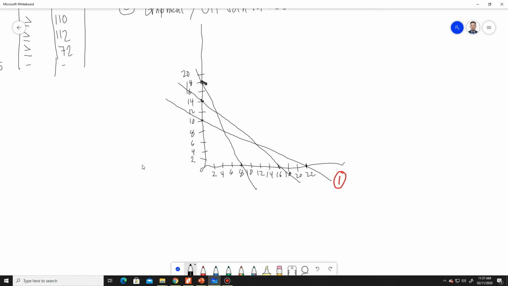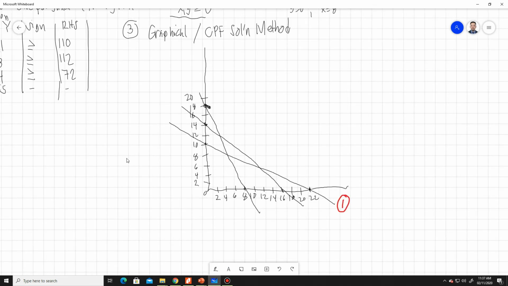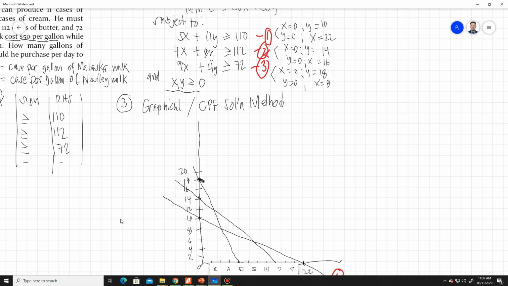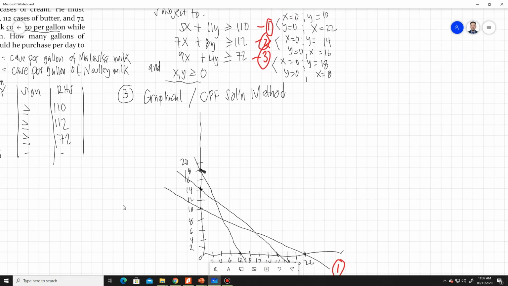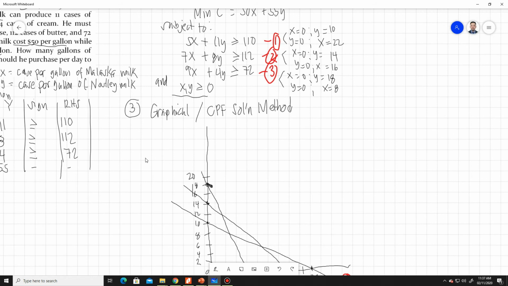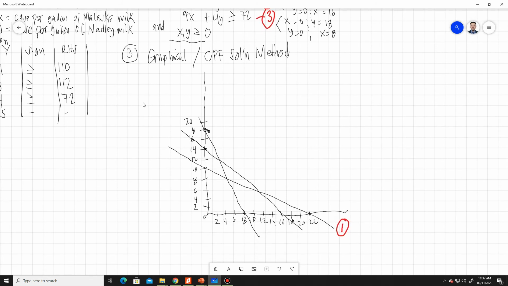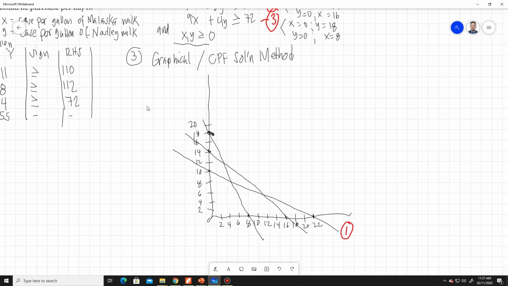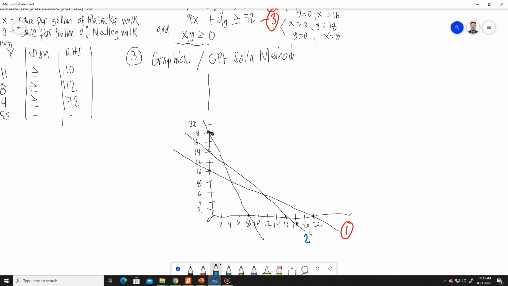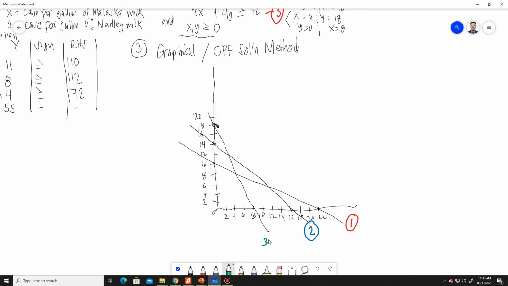Okay, so we will now put shading on each line. Since all of them are greater than or equal, the shade will be above the line. So for line 1, shade is above the line.